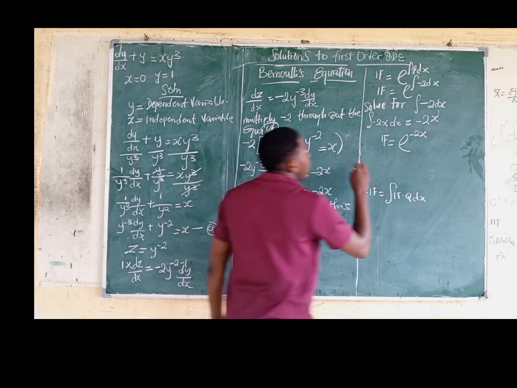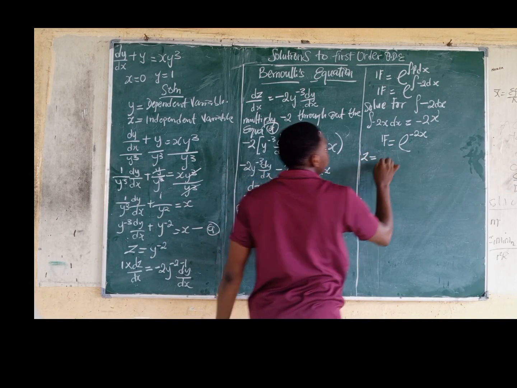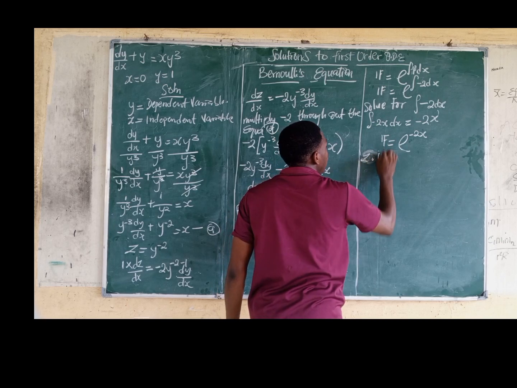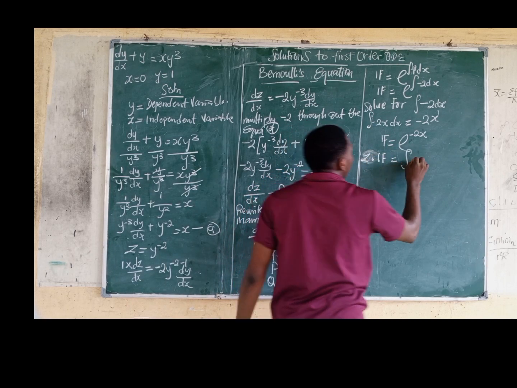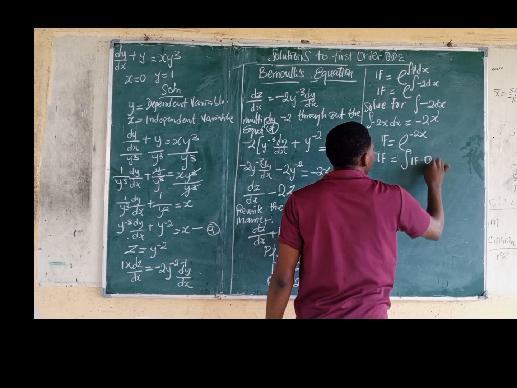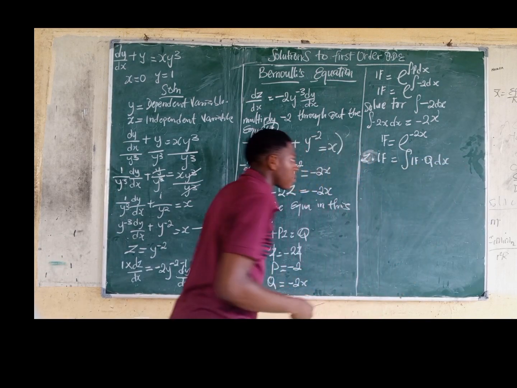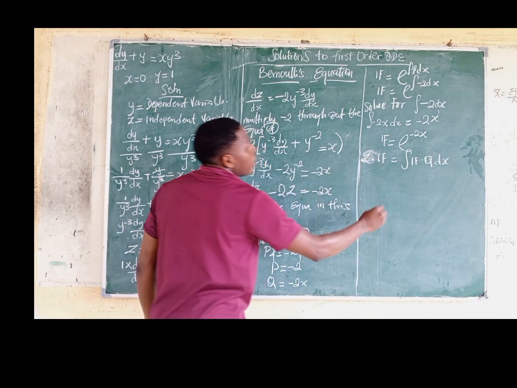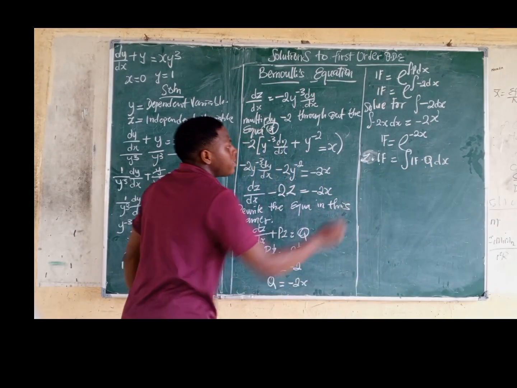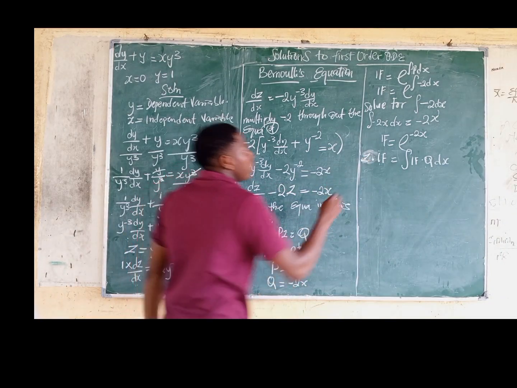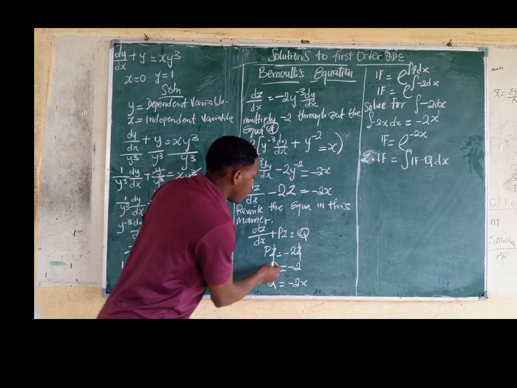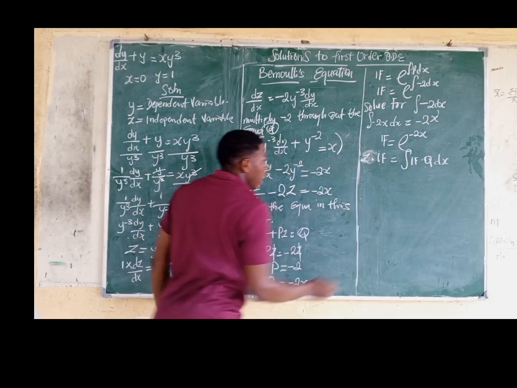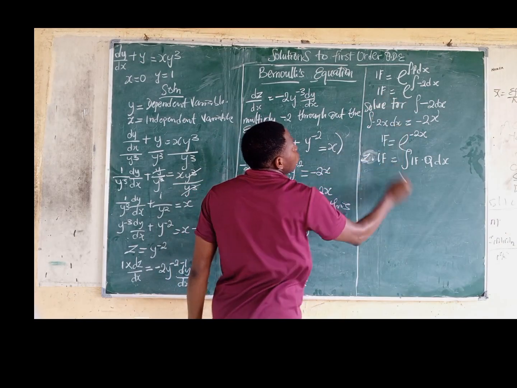So we can say z dot IF is equal to integral of IF dot q dx. We know our z, we know our IF, and we know our q. We know that z is standing as a constant here. Now, substitute everything you've gotten into this equation: you substitute your q and your IF into this equation.